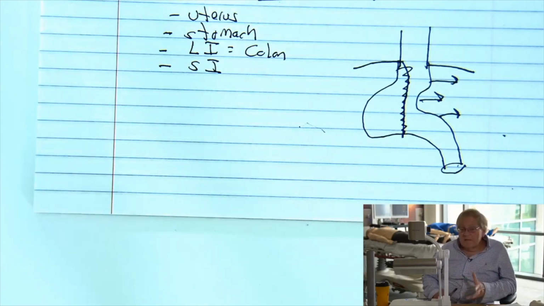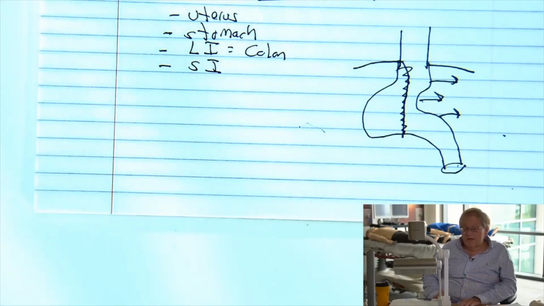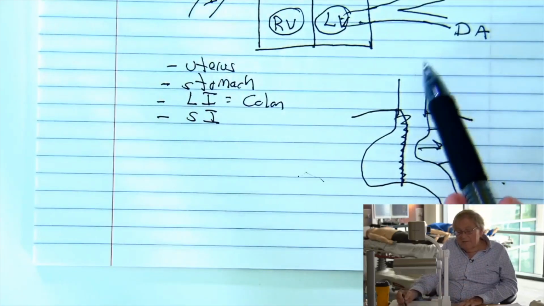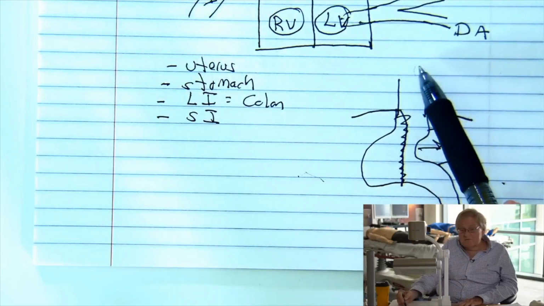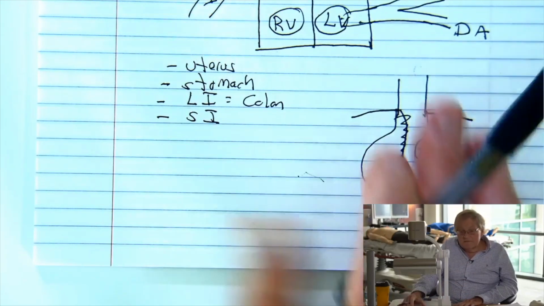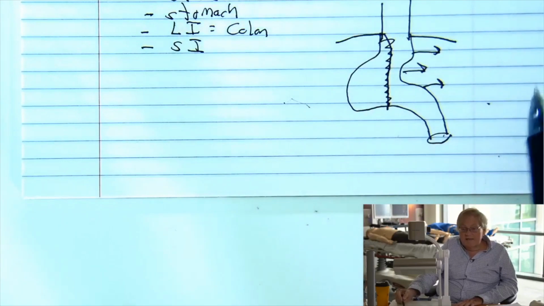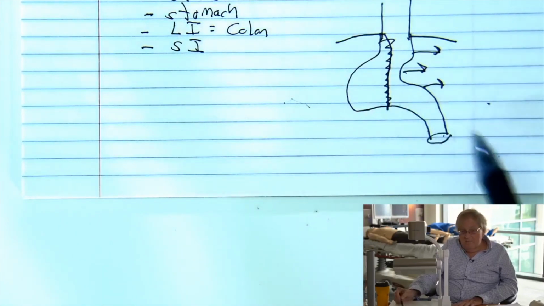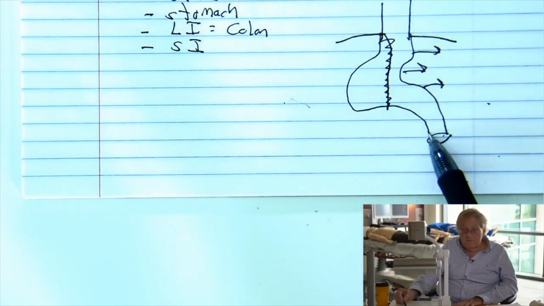The only place I'm actually going to see skeletal muscle in the GI tract is when I swallow, so my pharyngeal constrictors. As I swallow, I'm going to have some skeletal muscle of swallowing. But as this works its way through here, I can't tell my stomach to do anything. I can't tell my pyloric sphincter to do anything.